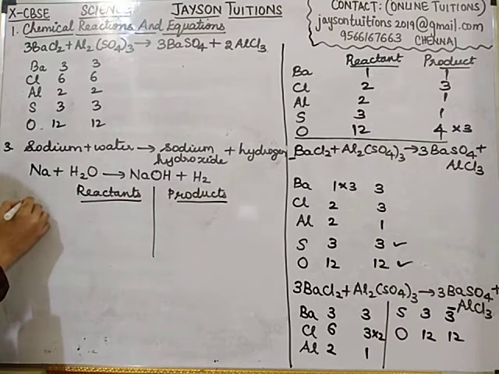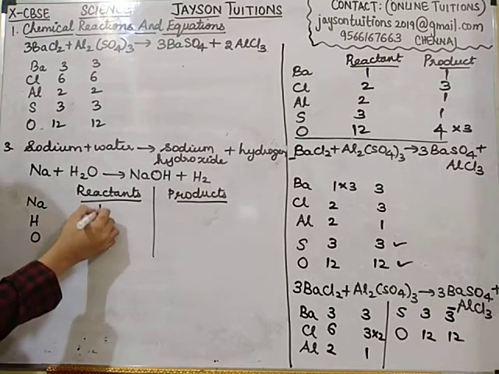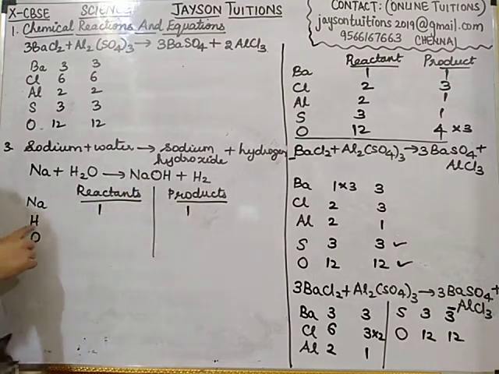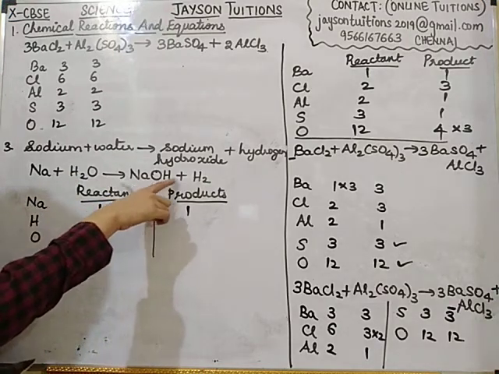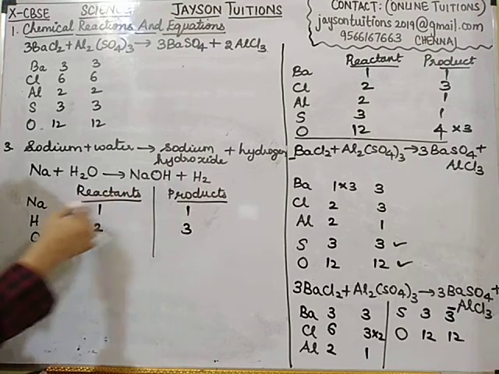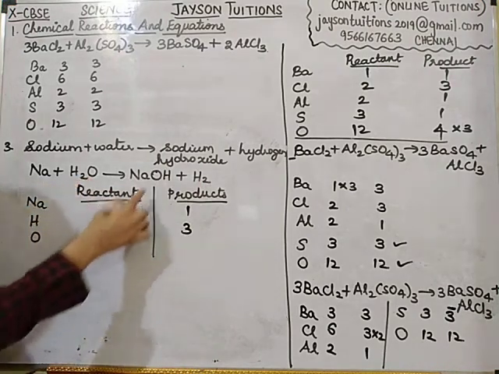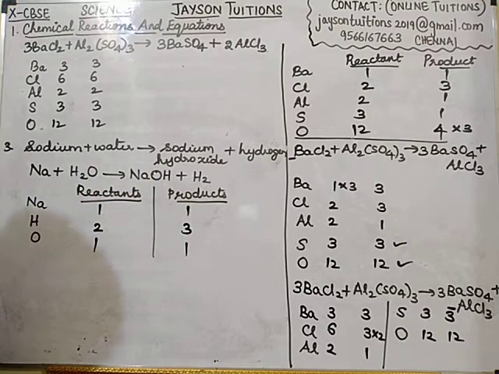So what are the elements present? Sodium, hydrogen and oxygen. Sodium, this side it is 1, this side also it is 1. Hydrogen, this side it is 2, this side 1 hydrogen plus 2, 1 plus 2, 3. Oxygen, this side it is 1 and this side also it is 1.